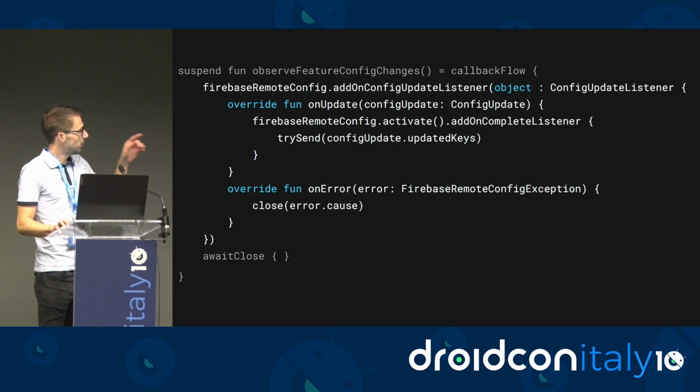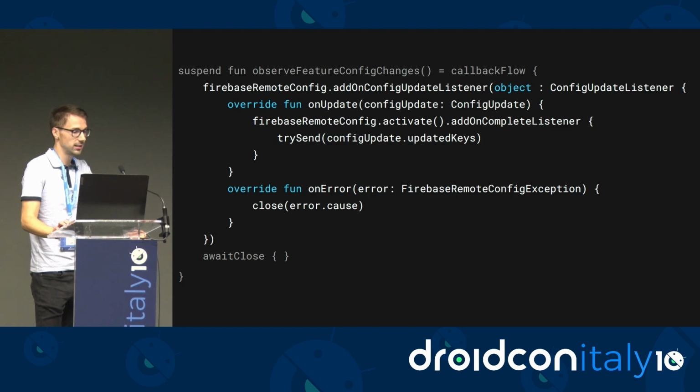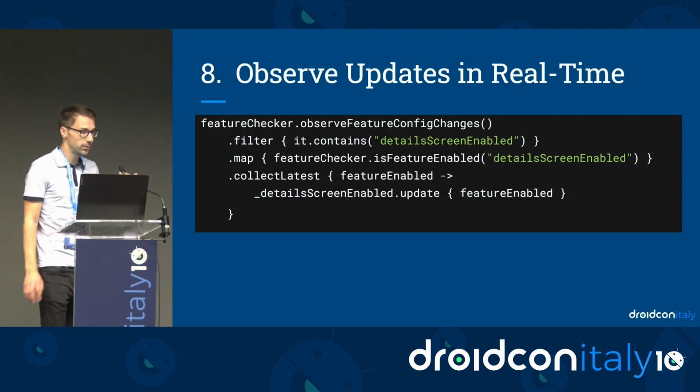The important thing is that what you get here are the keys of the flags that were updated, and then you can check whether the flag you're interested in changed. So how would you use that?